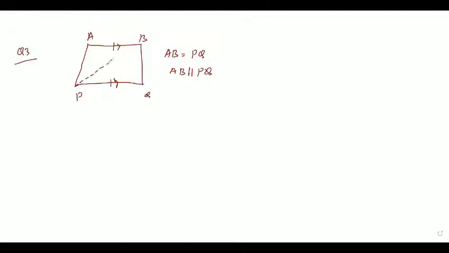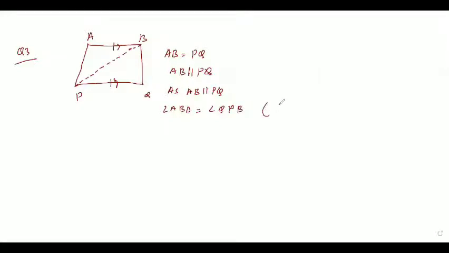For the sake of convenience, we will join the BP. So in our next step, as AB is parallel to PQ, we can say angle ABP equal to angle QPB. Why? What is the reason?